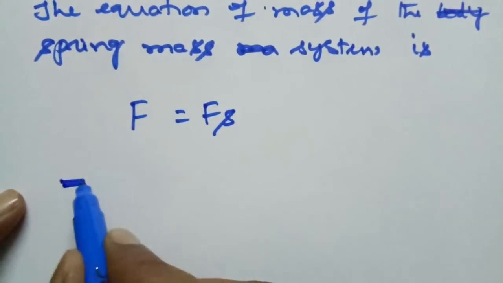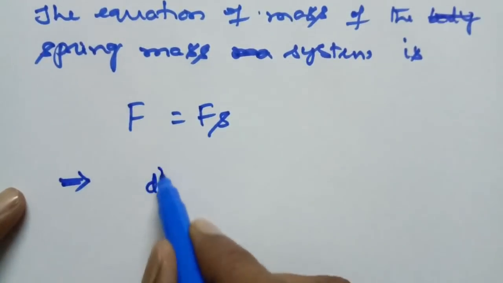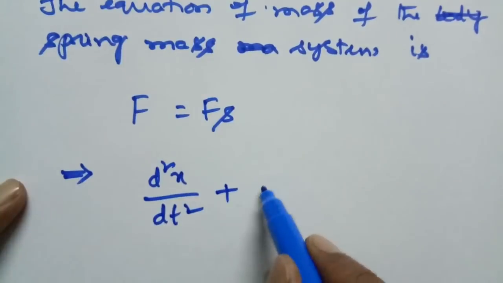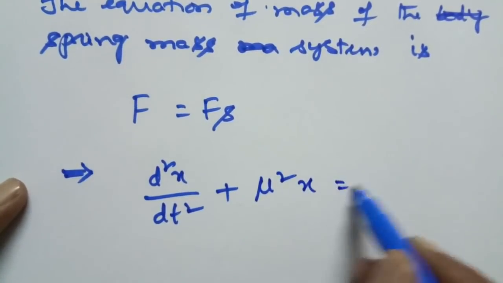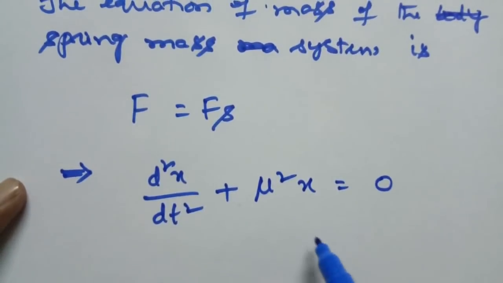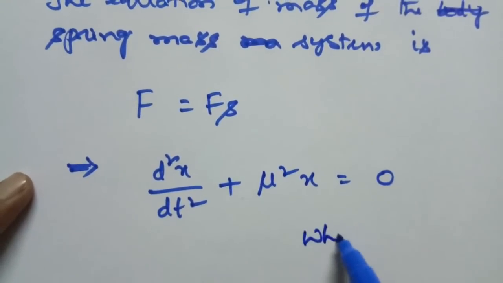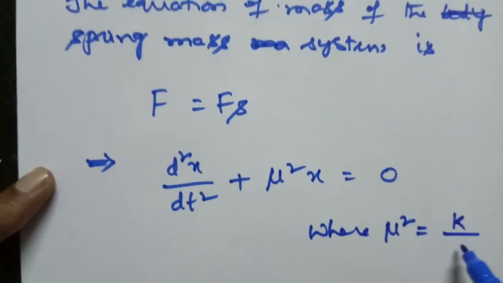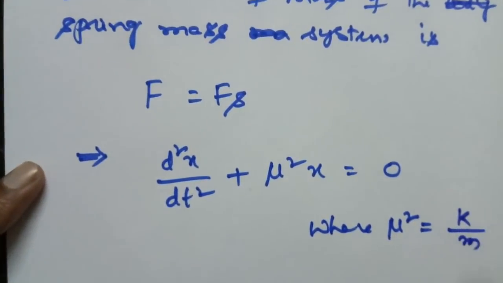We already proved that d square x by dt square plus mu square x is equal to 0, where mu square is equal to k by m.